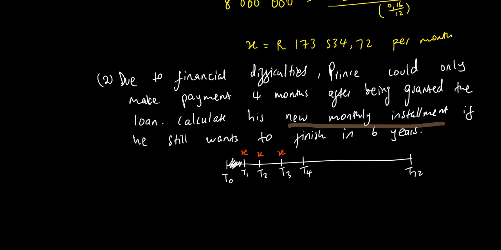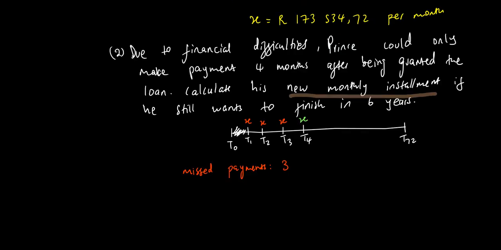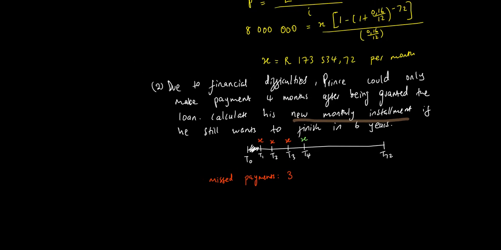Here, I didn't. And I could only pay here. So how many payments have I missed? We say missed payments is going to be 3. Because I've missed 3 payments there, now understand that you must grow the loan.